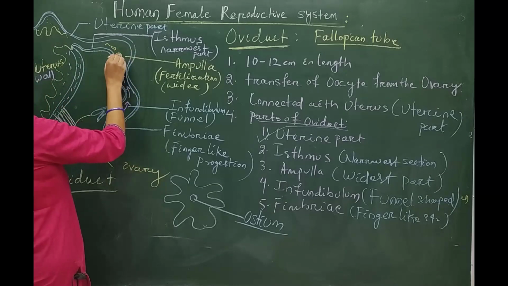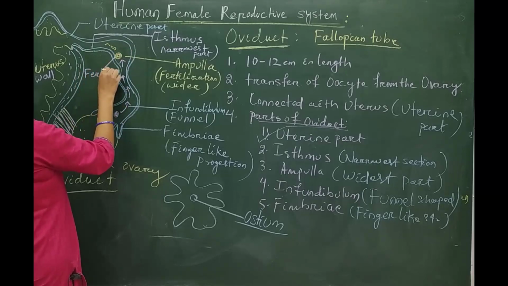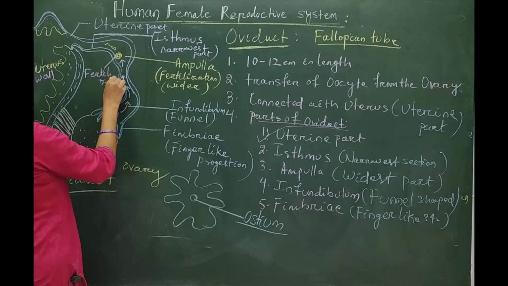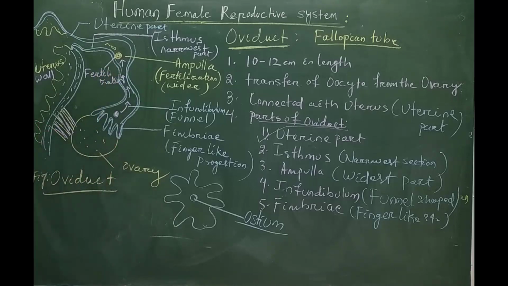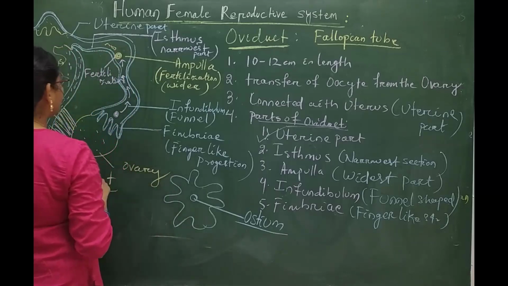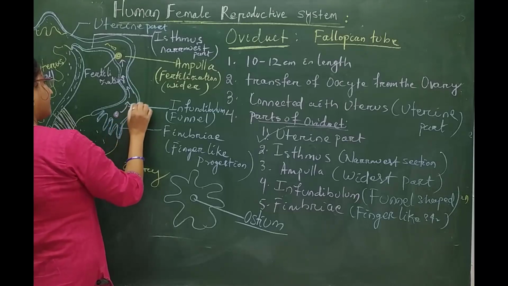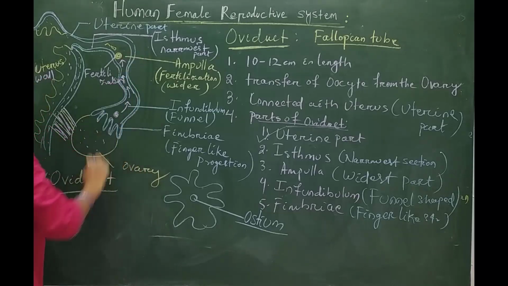way up to the ampulla region where fertilization occurs, or the fusion of male and female gamete takes place, at the ampullary isthmic part of the oviduct. The ovum makes its pathway with the help of this oviduct.